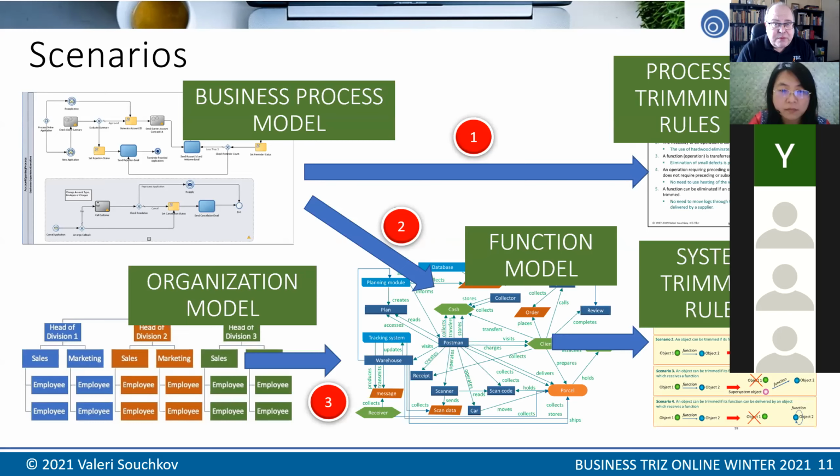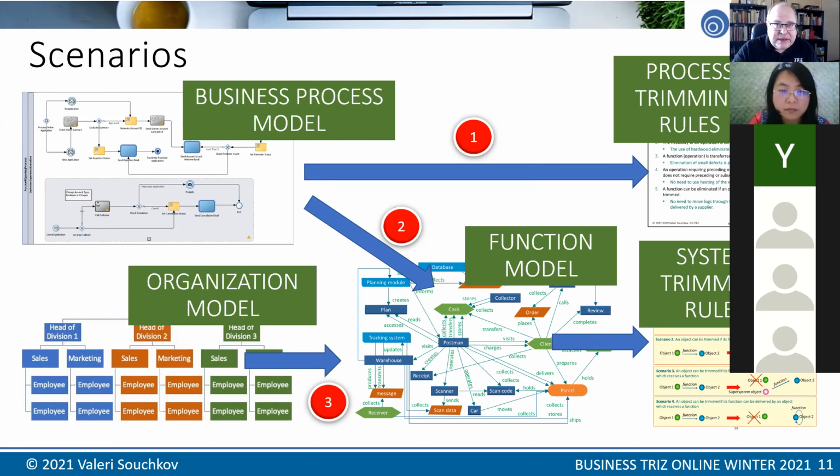We build a function model, and then we apply so-called trimming rules, which help us to cut costs by removing components from your system while preserving the functions of those components and the quality and performance of your system. So that would be first: if you have some product, for example a coffee machine, you build a function model of the coffee machine and then apply the system trimming rules.